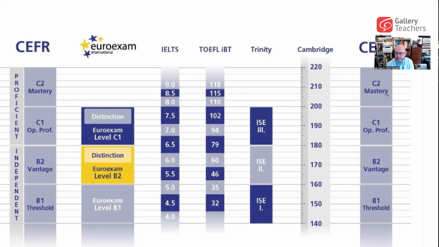That's the maximum score on that level that is available. So even exams which have a sense of comparability do in fact represent slightly different levels of linguistic competence, particularly when we get to the very highest levels of the Cambridge C2 exam.